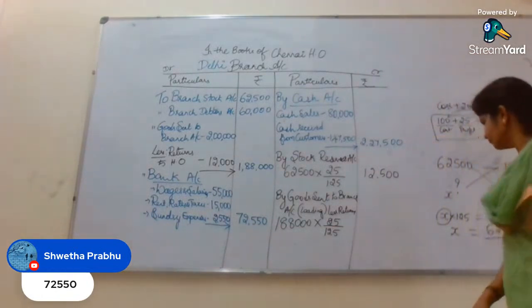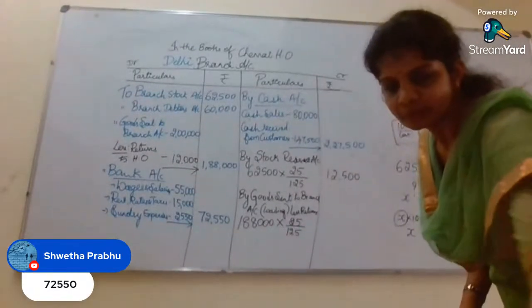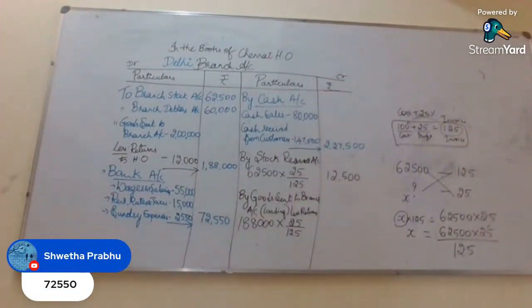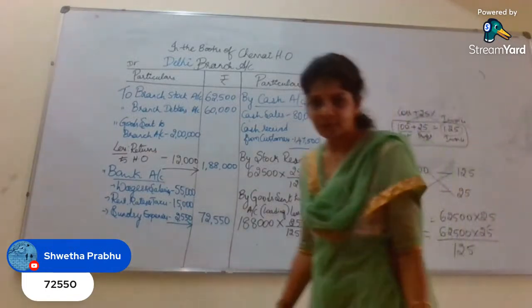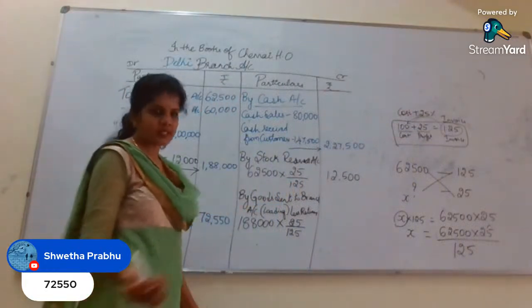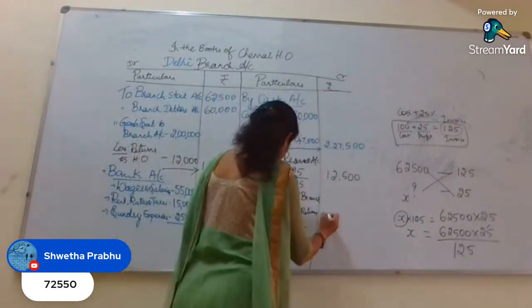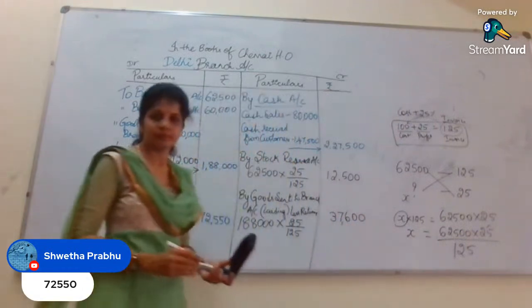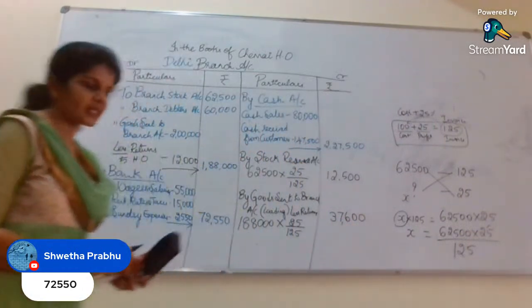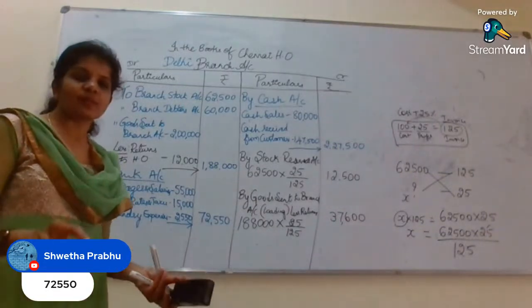How much? 37,600, is it? 37,600. Is it correct? Yes. Okay. 37,600. Then we have one more adjustment to be made.